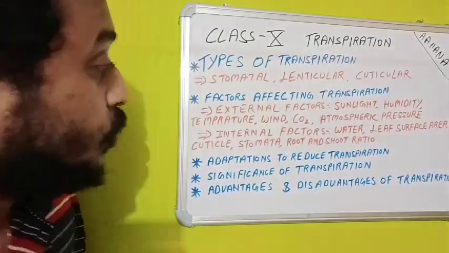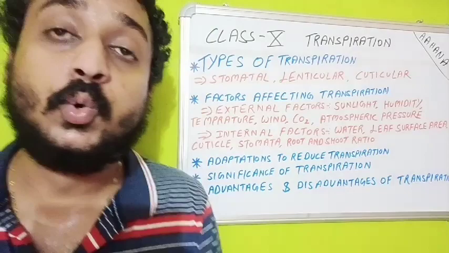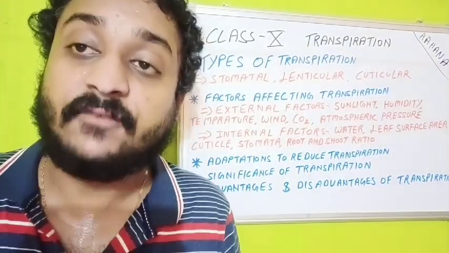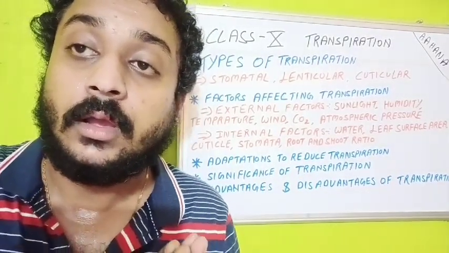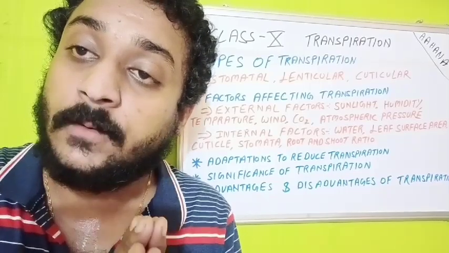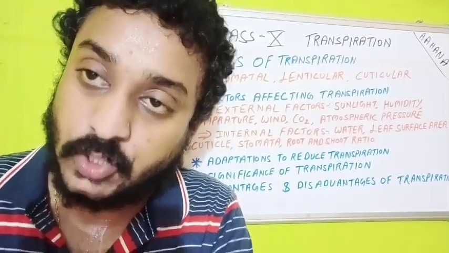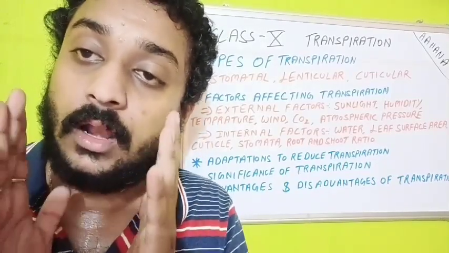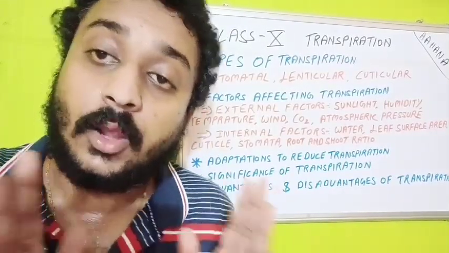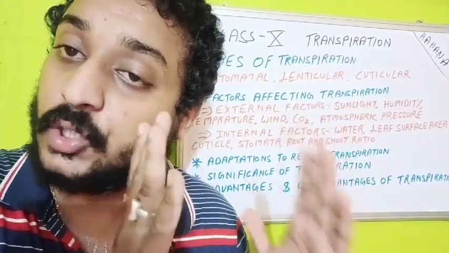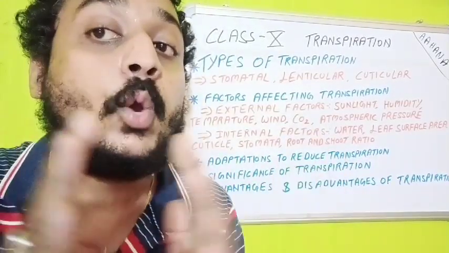Next, root and shoot ratio. Root and shoot ratio means if the length of the root is quite similar to the length of the shoot, or they both have an equal proportion.